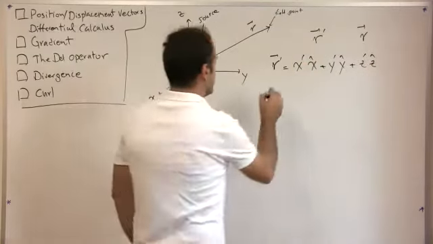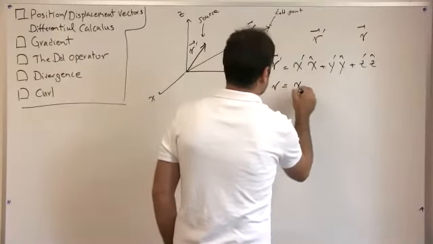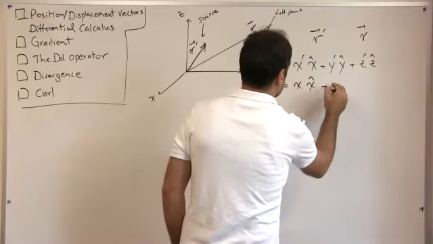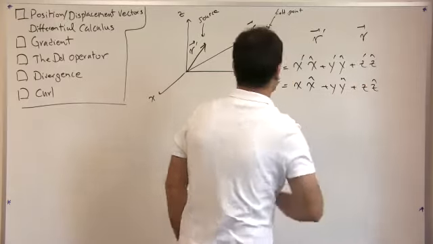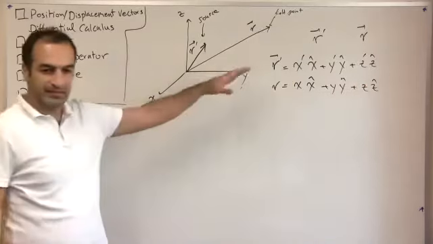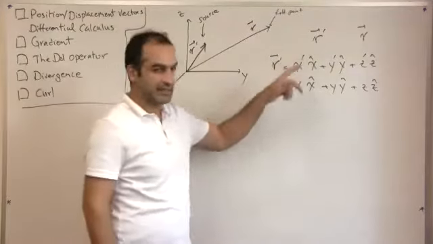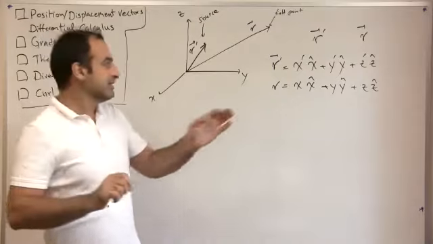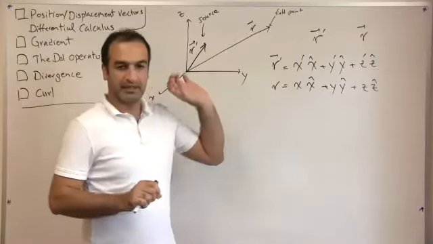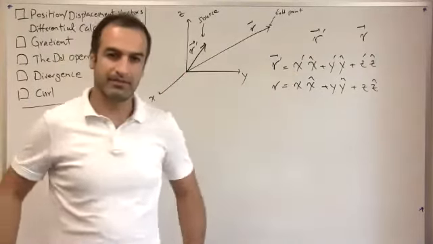And likewise, r can be written in terms of x x hat, plus y y hat, plus z z hat, okay? So very similar thing, but that prime is not only making a separate variable, it also will have a meaning and concept throughout this course.